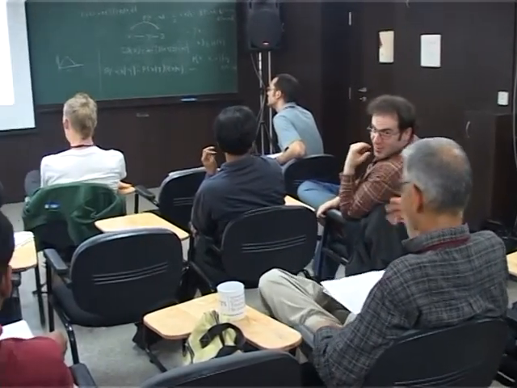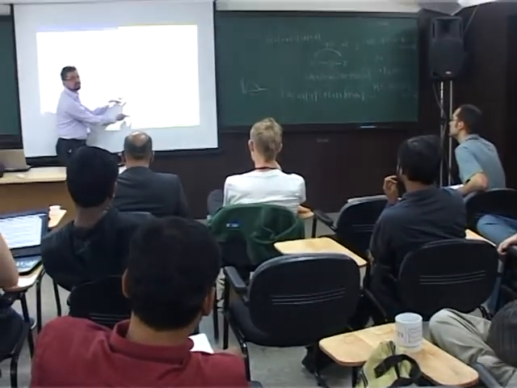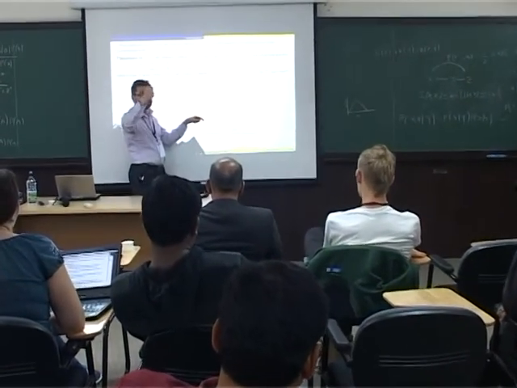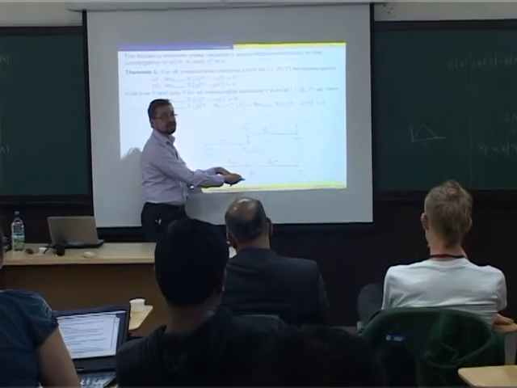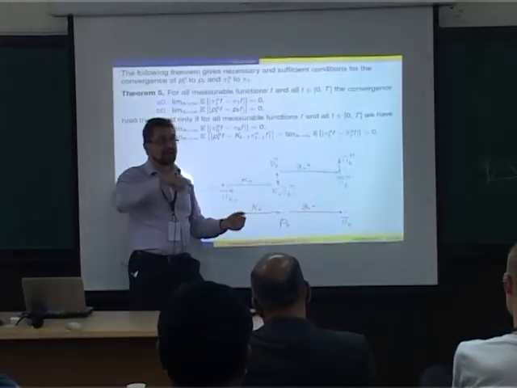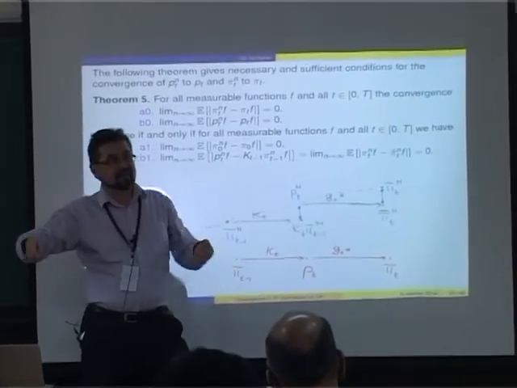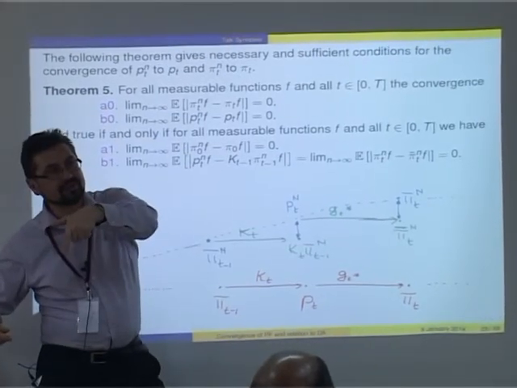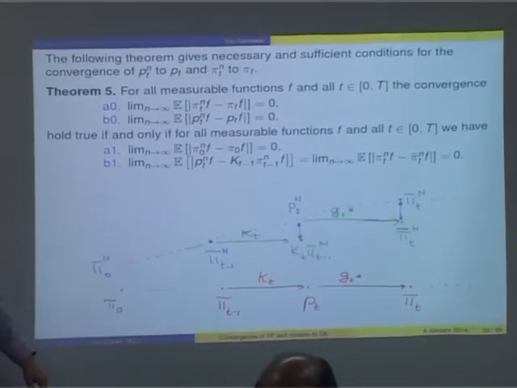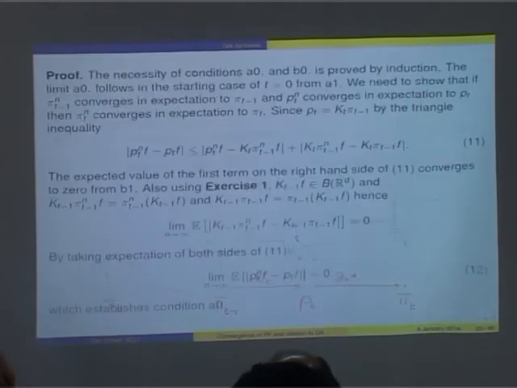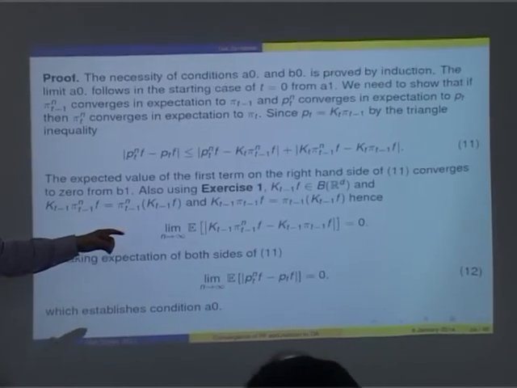So look at my picture. I apply KT, I amend the measures, and then I take a test function and integrate with respect to the amended measure. And it's the same thing as saying I change the test function and apply the unamended measure to the changed function. Okay. So that's the easiest step.